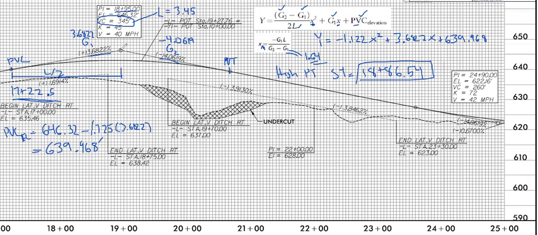For vertical symmetric parabolic curves, vertical curves in general, the high point is going to be on the side of the PVI with a flatter grade. 3.68 is flatter than 4.06. So we do actually expect that high point to be to the left of the PVI, and that's correct. 1886 is before 1895, so that works out there.